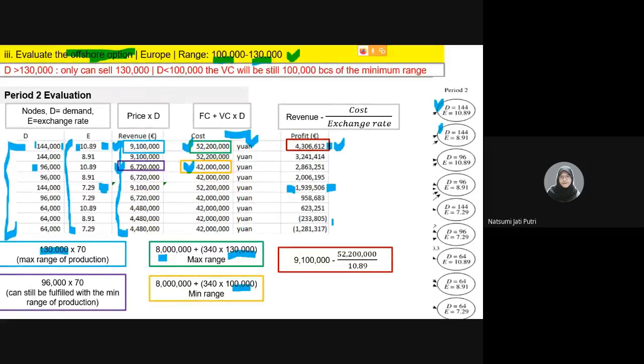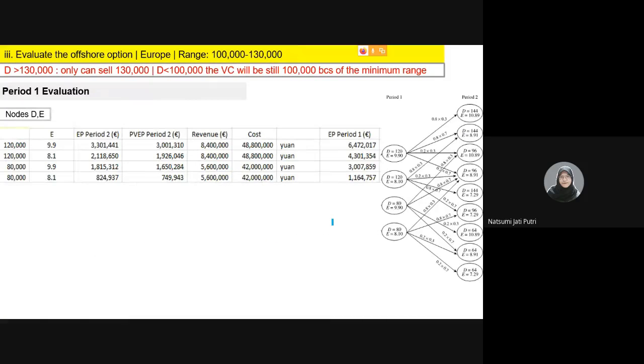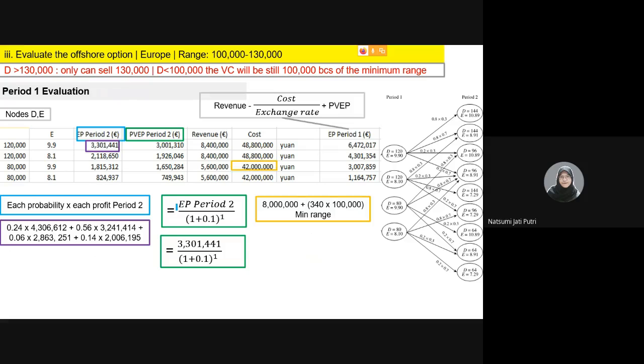Okay, next for the period 1 evaluation, it is also quite the same. The number of demand and exchange rate in here just move to here.